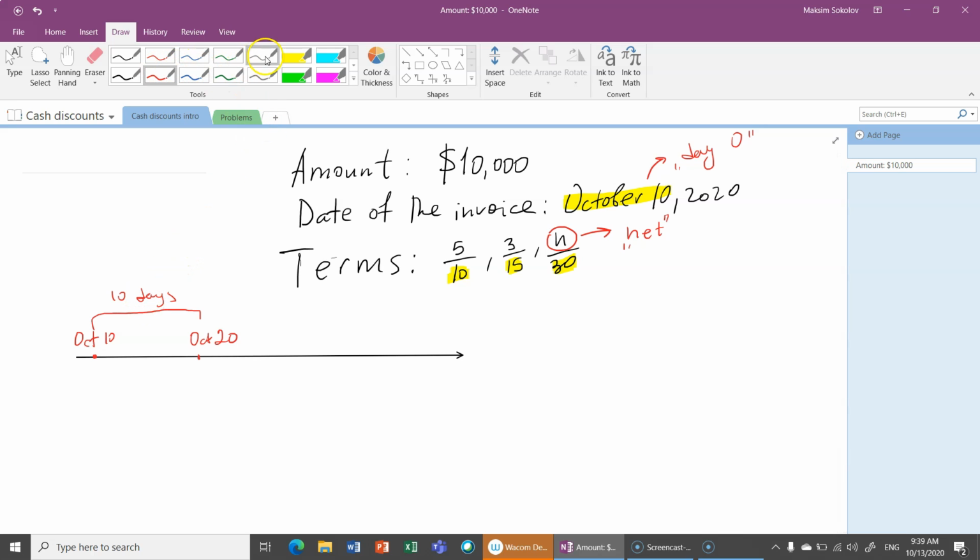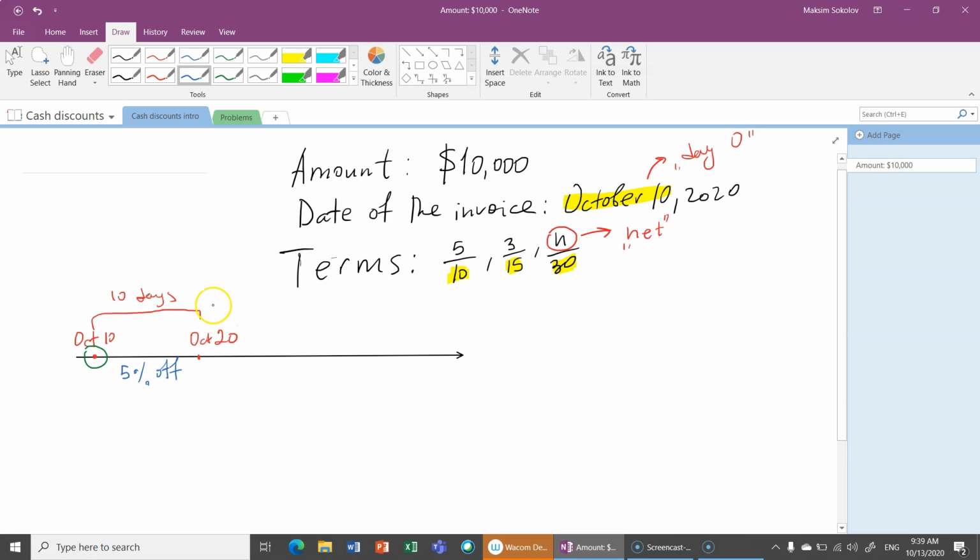And I'll circle this here with green color, just to specify that that's the invoice date. So within these 10 days, the customer would be getting 5% off.